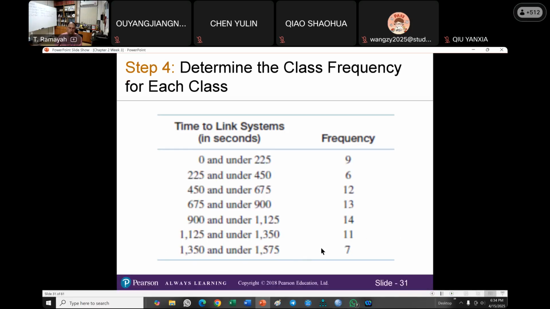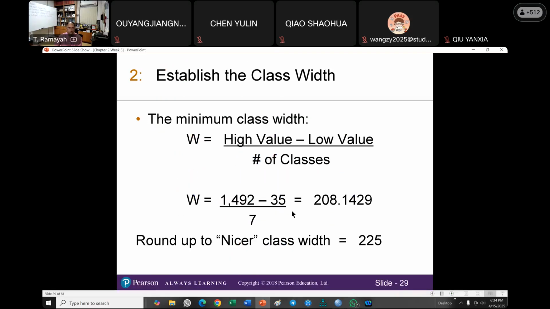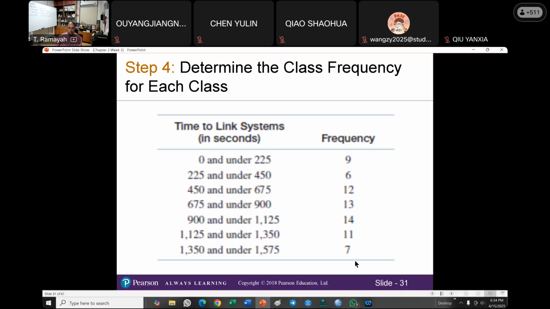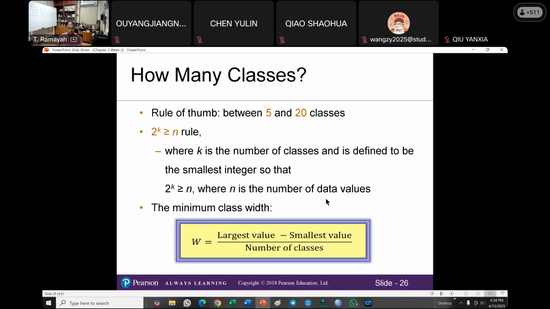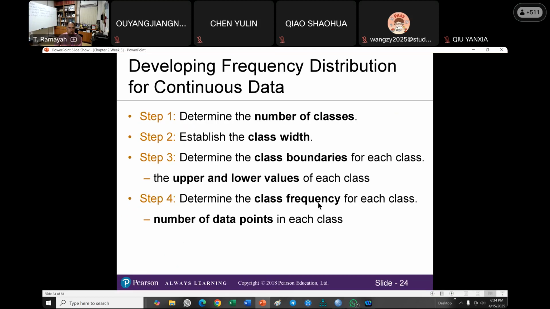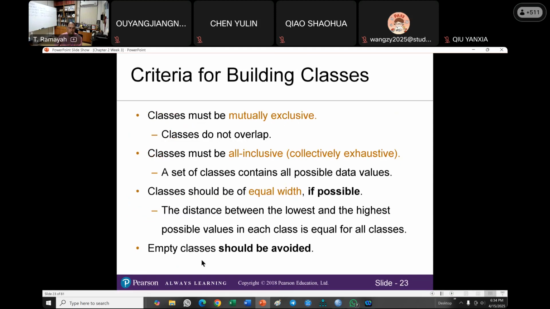Not all the numbers will be the same. And then we have a requirement that says here, empty classes should be avoided. So maybe you want to reduce the number.